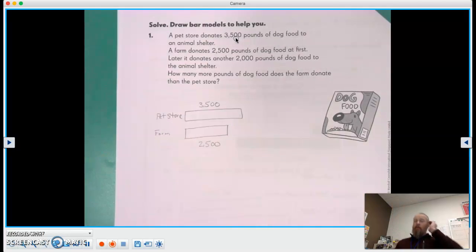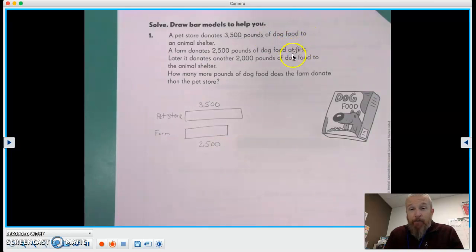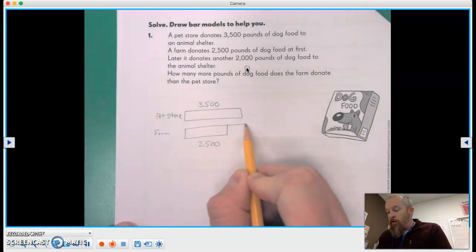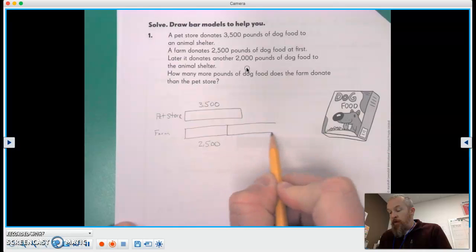Now a key part of this says at first, right? So then it says later, it meaning the farm, right? The farm donates another 2,000 pounds of dog food. So we have another 2,000 pounds.